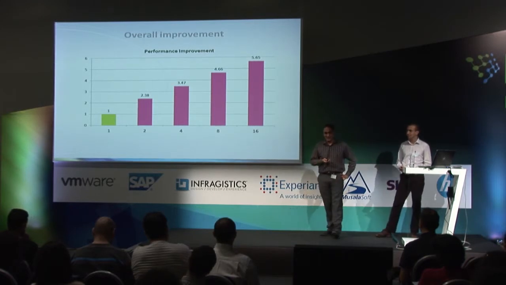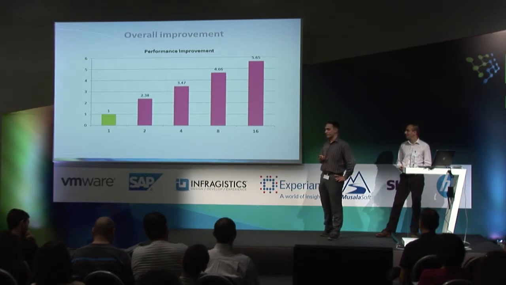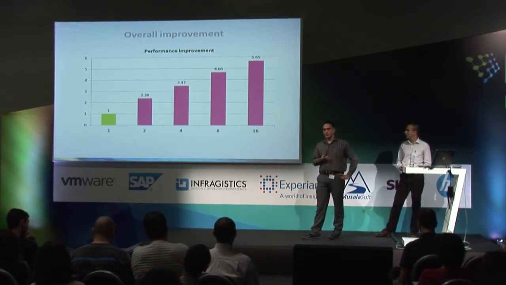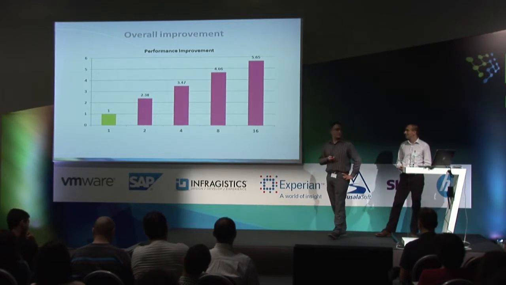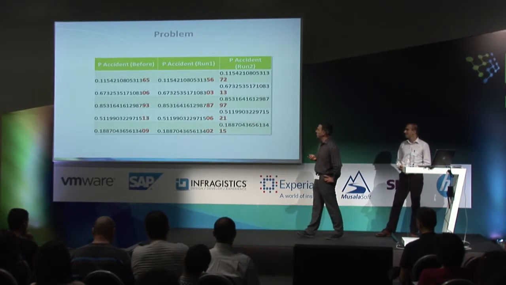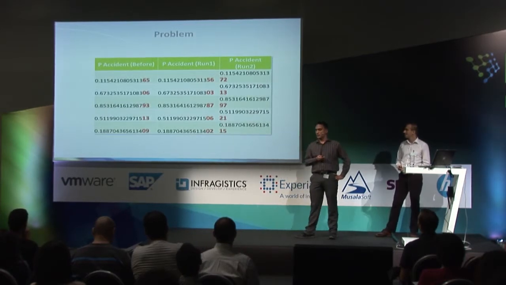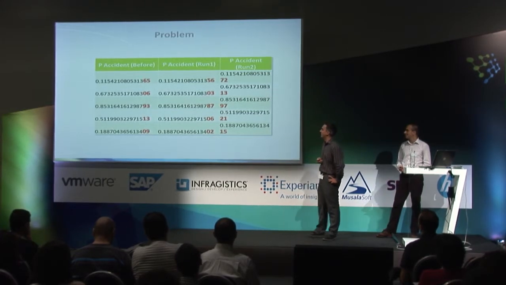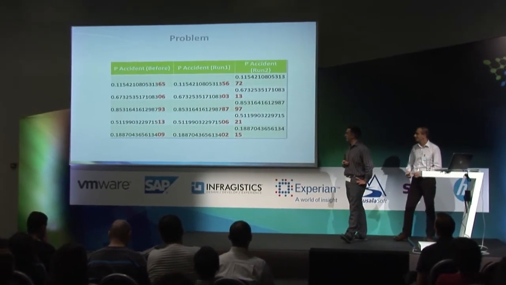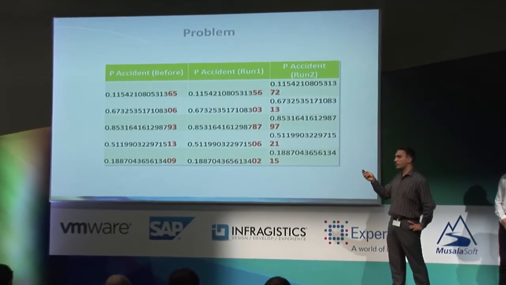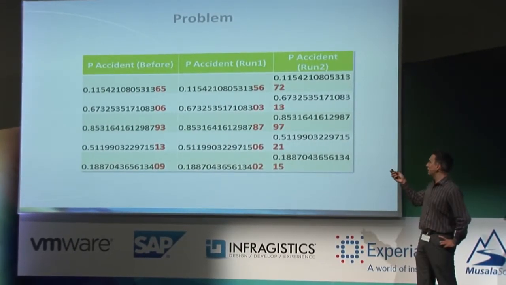But then we started discovering some calculation problems, and our automation framework allowed us to find a few problems with the calculations, which we want to outline to you. First of all, there were some inaccuracies in the calculations. As you can see in the 15th digit after the decimal point, there were some differences between the calculations before we started any changes and after.